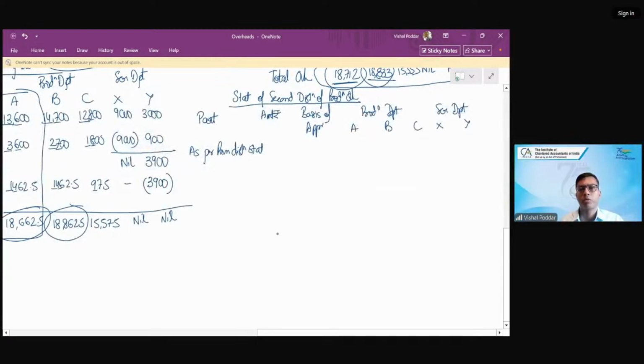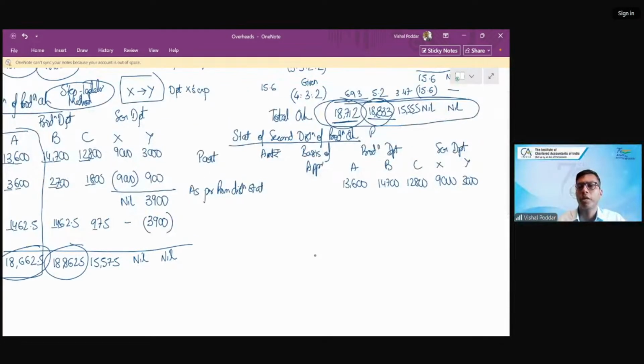What were the amounts? 13,600, 14,700, 12,800, 9,000, 3,000. Now, students, again, same approach, same scenario, reciprocal, but now by the simultaneous equation method. And here I will distribute department X expenses.